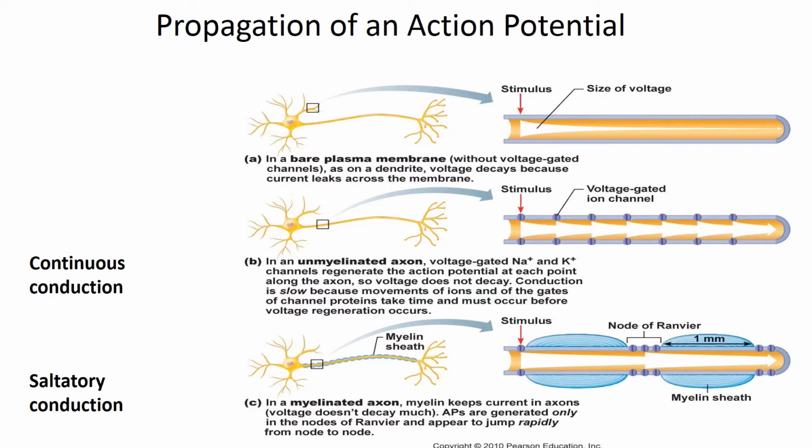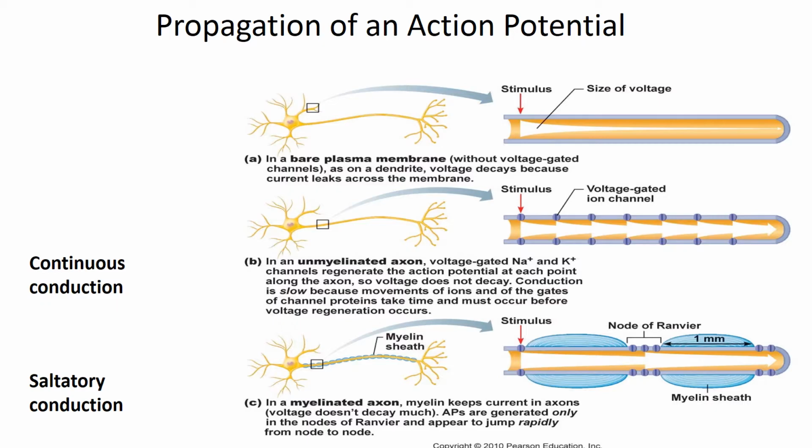Now, if the graded potential reaches the axon hillock, voltage-gated channels within the axon hillock open and cause sodium ions to flow into the axon, which can change the charge across the axolemma.